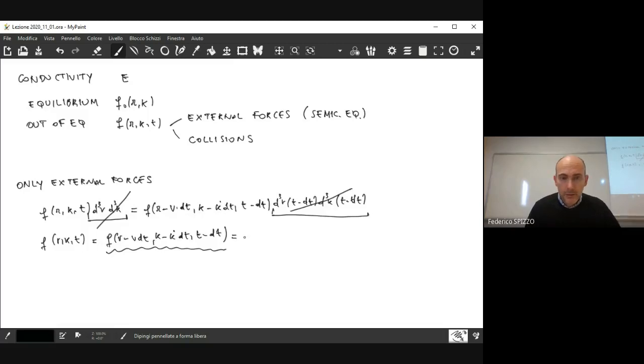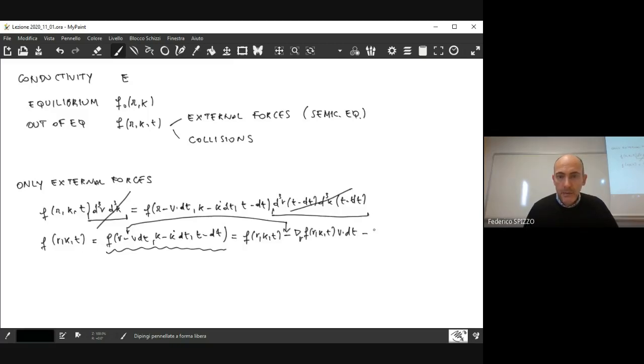So this is equal to f of r, k, t minus the gradient of f with respect to the position times the variation. And the variation is v times dt. The minus sign in front is due to the minus sign. So this minus sign here is the equivalent of this minus sign here.